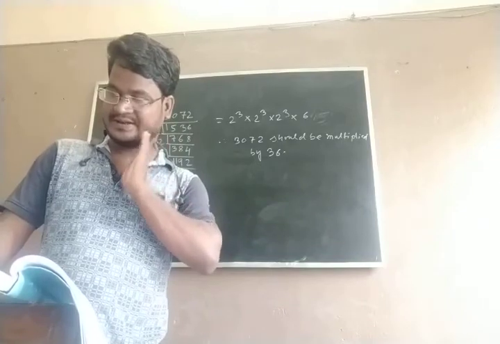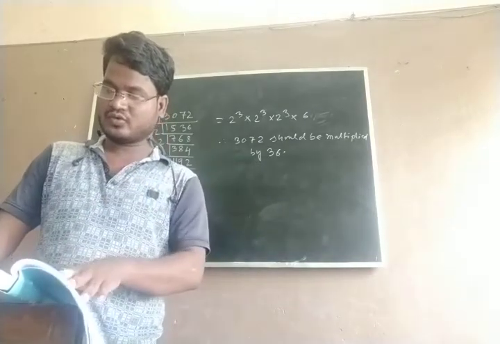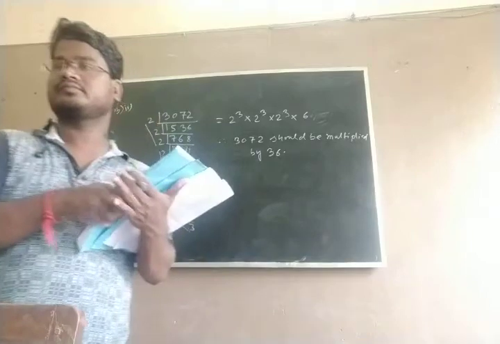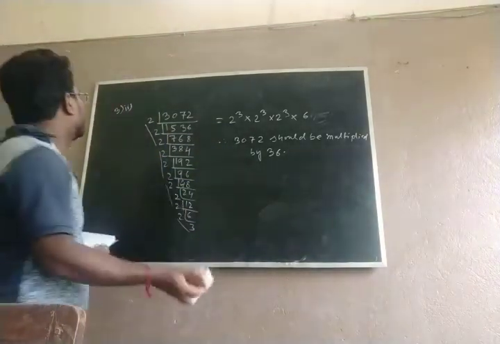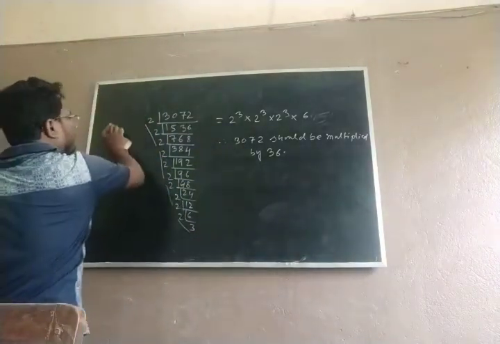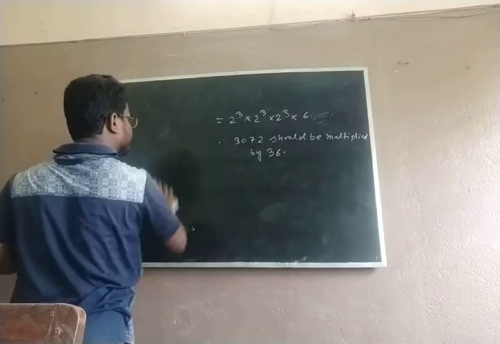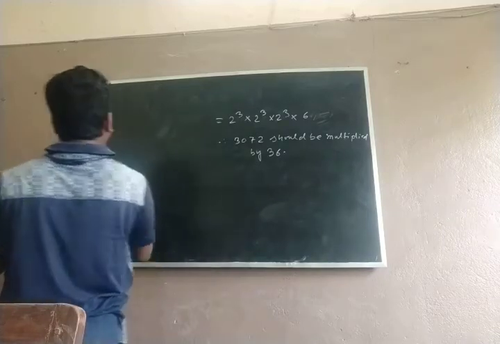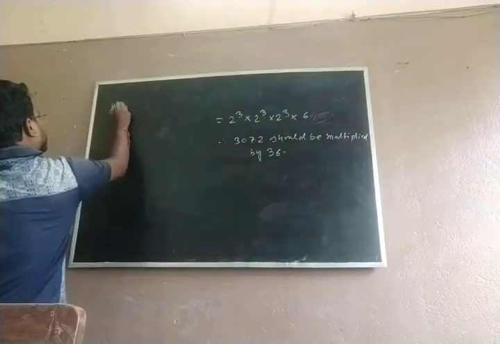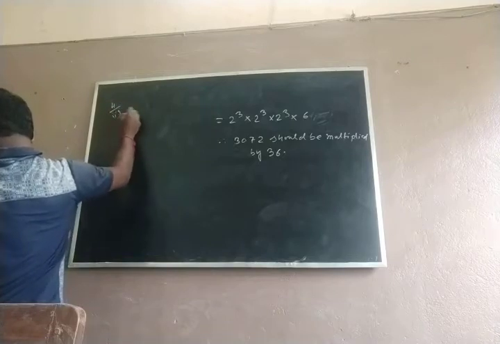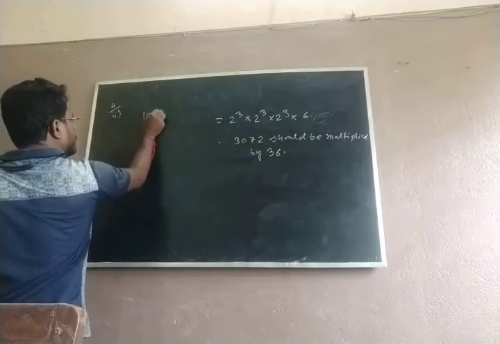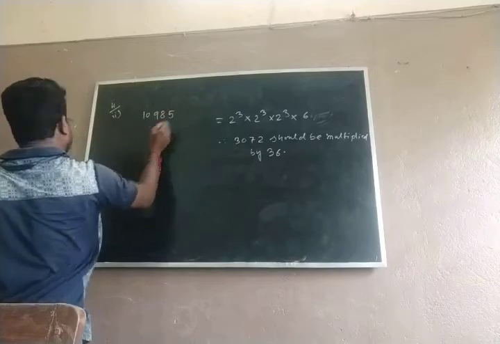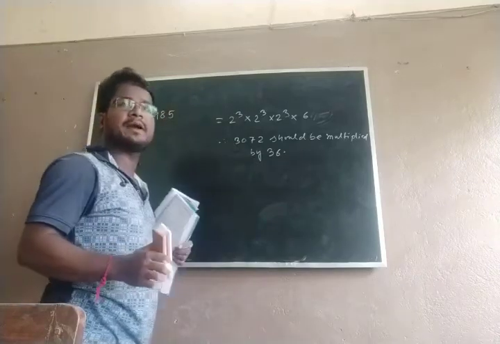Next, 4. 10985. Same as also, you have to divide.